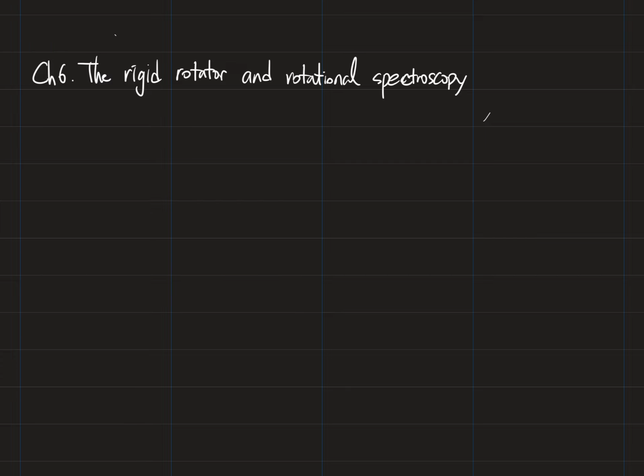Chapter 6 is about the rotation motion, and the rotation motion can be well described with the rigid rotator. As the name implies, the rigid rotator means the distance between two atoms is fixed. So we are not considering the effect from the distance changes.